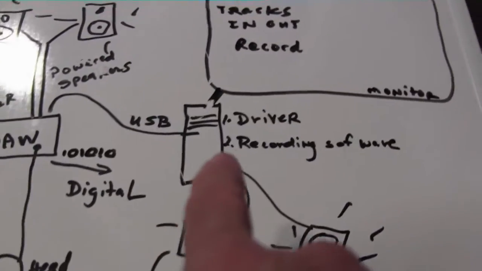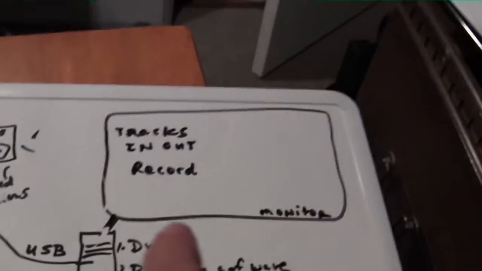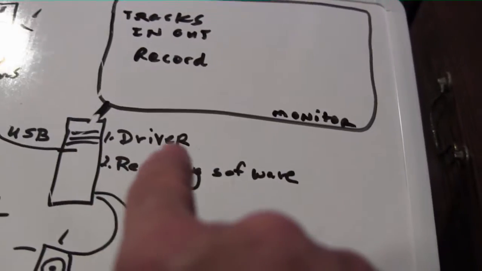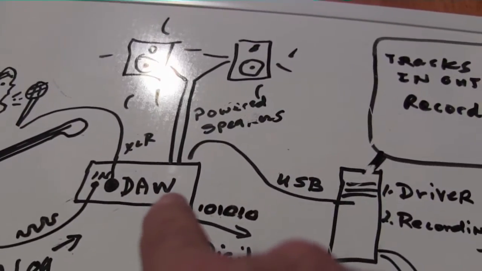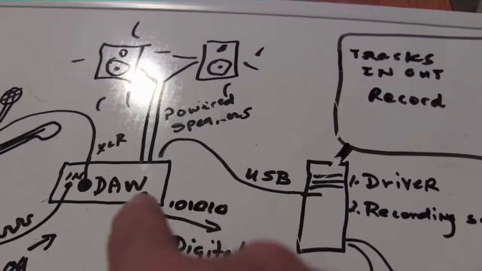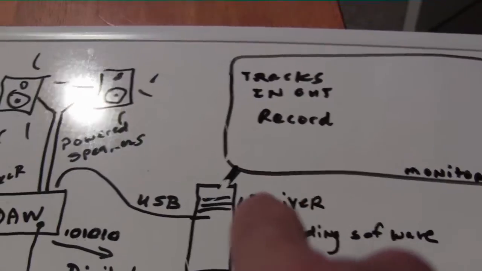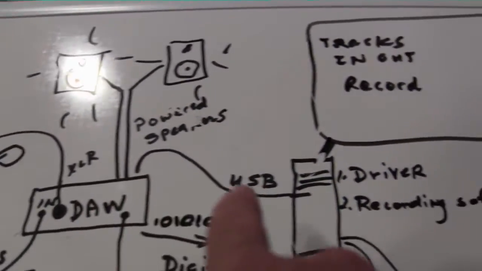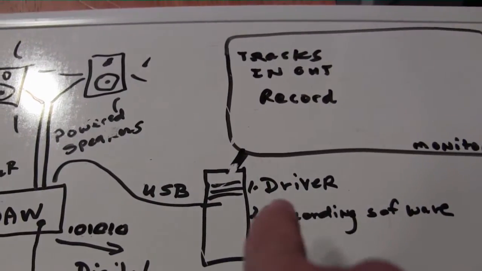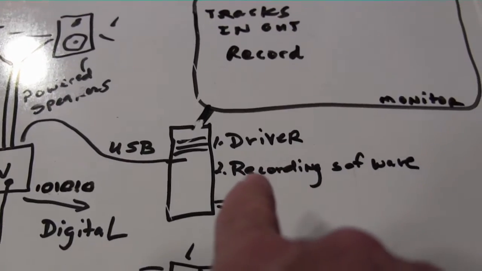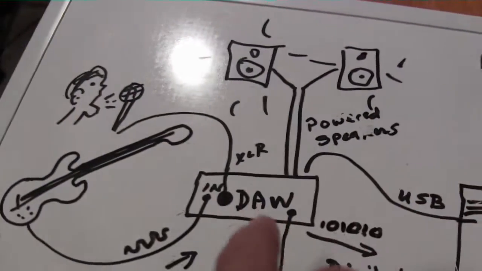Okay, so now then you must have a driver that you get with the DAW. It'll have a CD, or you get it offline. Most of the time they have a CD with them. And the driver allows the DAW to talk to the computer, so you need to load the driver. You also need recording software that usually also comes with the DAW.